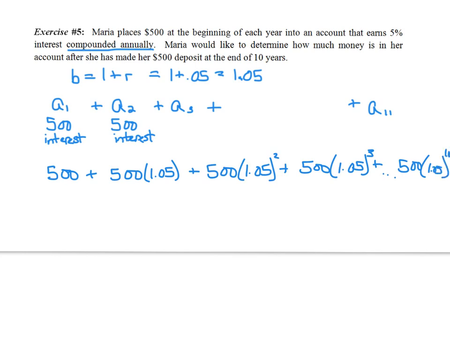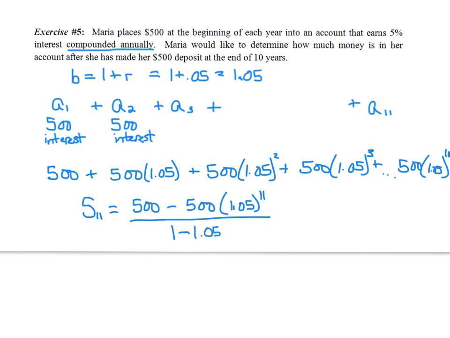So really what I'm doing here is finding the sum of 11 terms, where we're going to call the first term 500. But then we're going to subtract 500 times 1.05, since we're finding the 11th term, this is going to be to the 11th, divided by 1 minus 1.05.